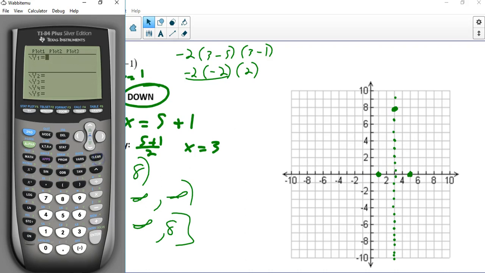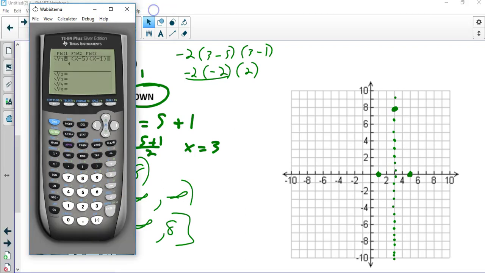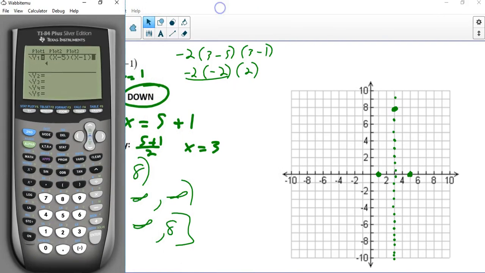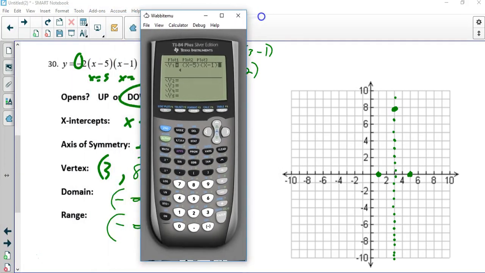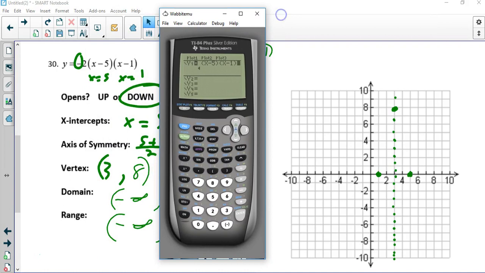You can also put it in just the way it is. Negative 2, parentheses, x minus 5, parentheses, parentheses, x minus 1, close parentheses. Okay, so, sorry. Negative 2, x minus 5, x minus 1.